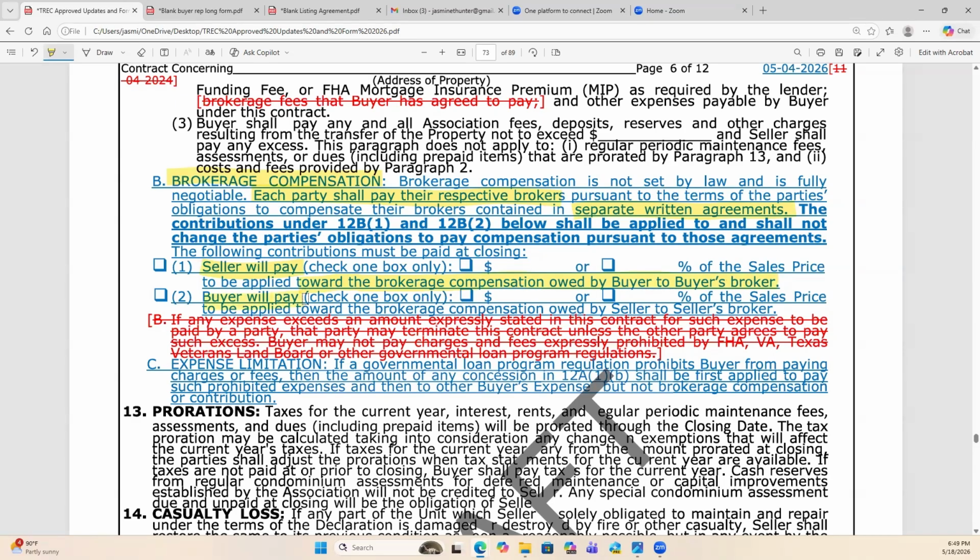Buyer will pay a dollar amount or percentage to be applied toward the brokerage compensation owed by seller to seller's broker. If there is an agreement of any kind where the seller is going to in fact pay the buyer's broker, this is where we put it.